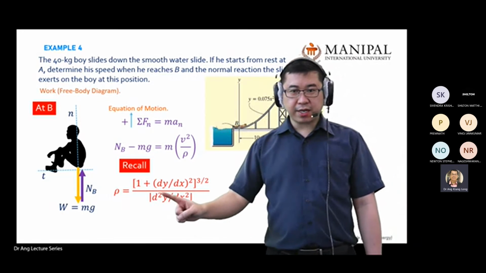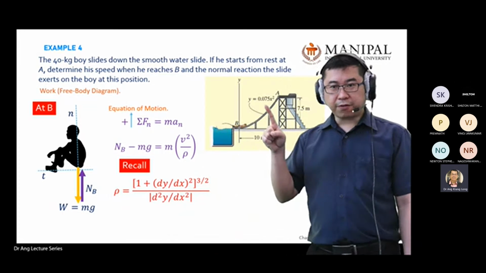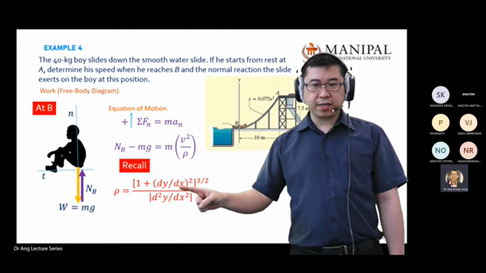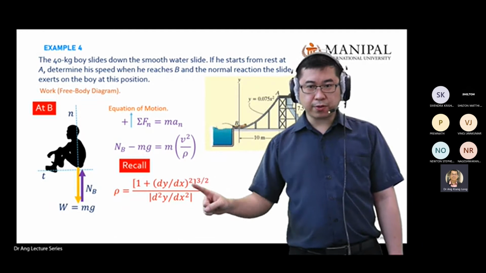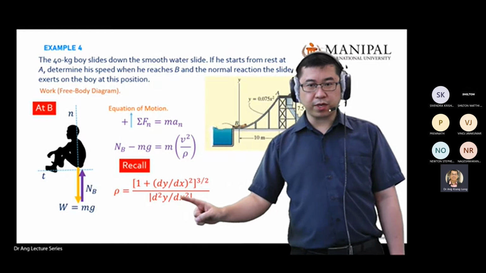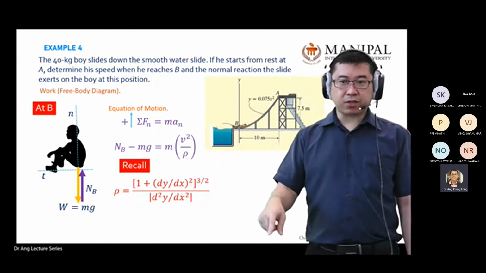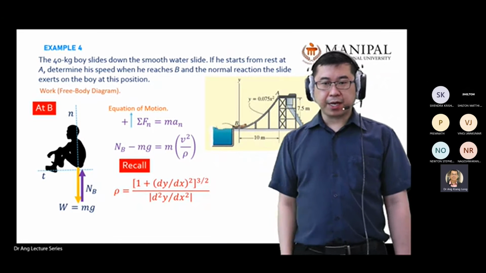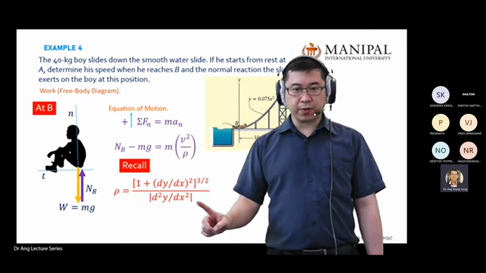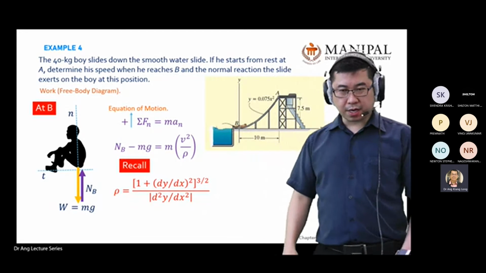And the bottom one is a double differentiation, or you differentiate 2 times your y equation here, right? So once you get dy dx, you differentiate one more time, you get d squared y over dx squared. If you forget what this is, go back to chapter 1 or chapter 2 lecture videos when we explained curvilinear motion problems.